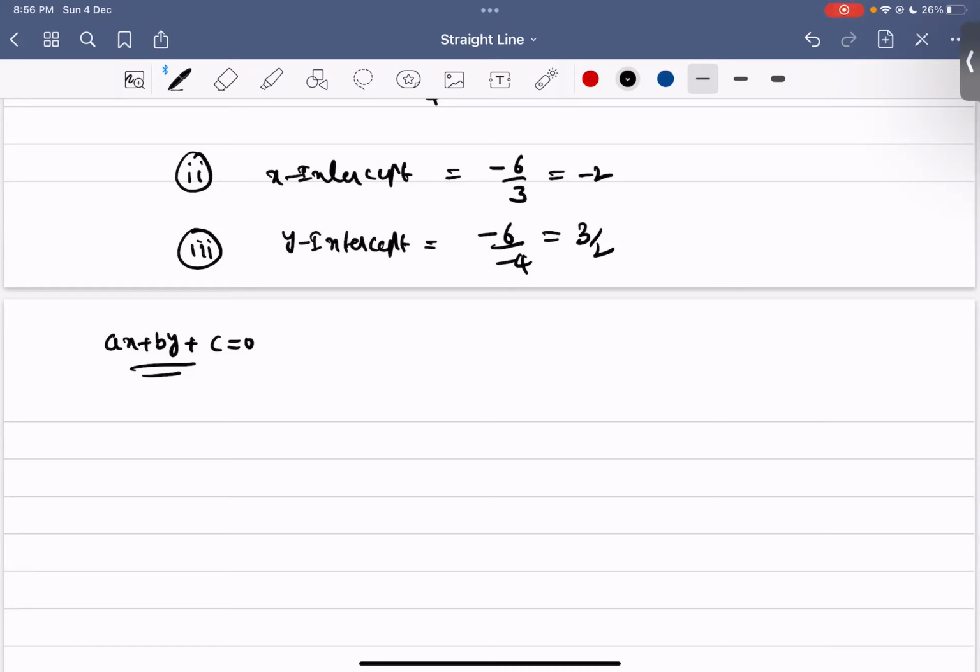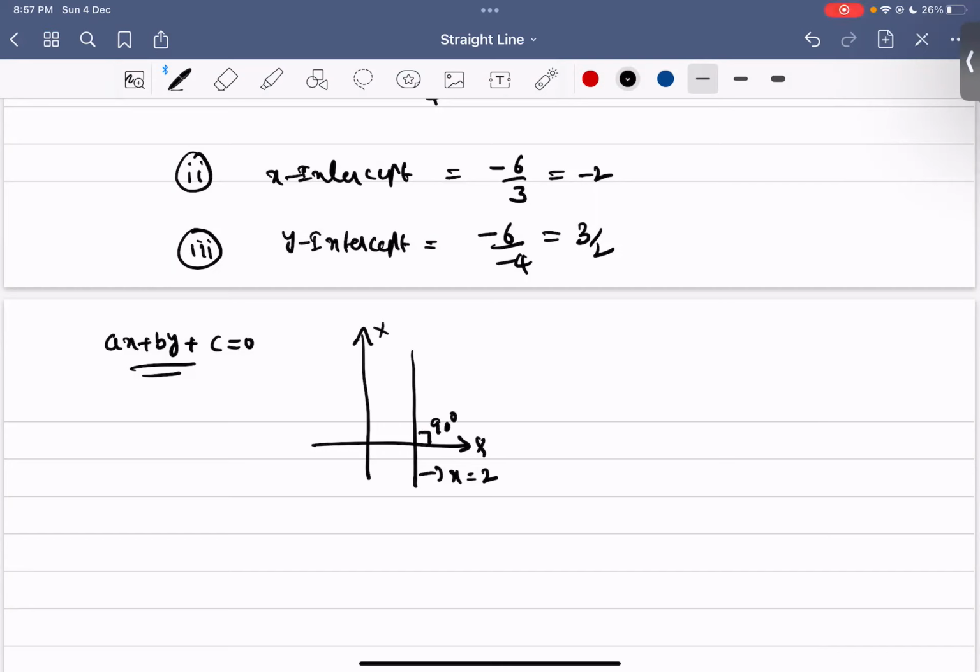For example, suppose the line is a vertical line, like x equal to 2, where this angle is 90 degrees.